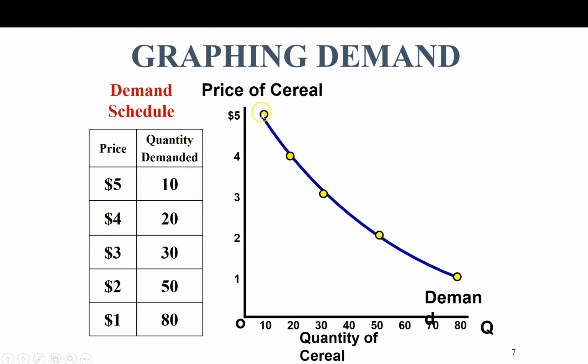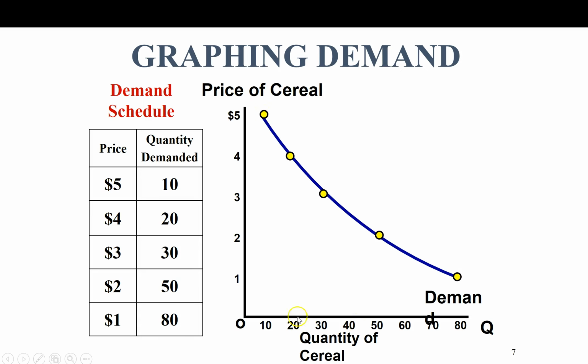So if we plot those points, remember that x and y. So y is our vertical axis, x is our horizontal axis. If we plot those points, and this is my x and this is my y, then I can simply go, here's my x-axis, 10, and here's my y-axis, 5, and I can plot the point there, 10 and 5.